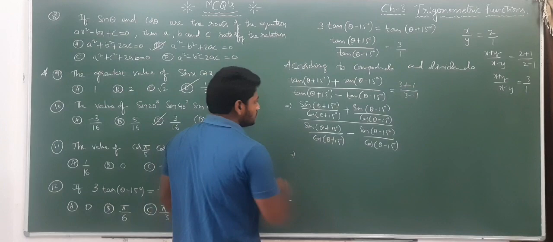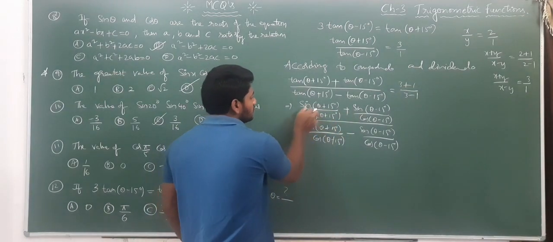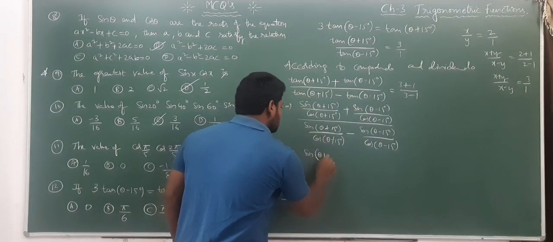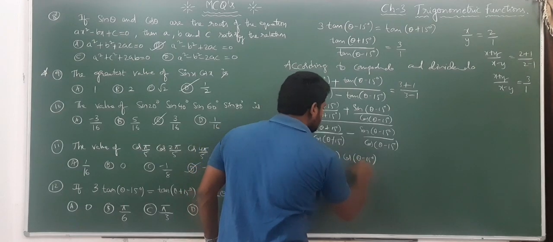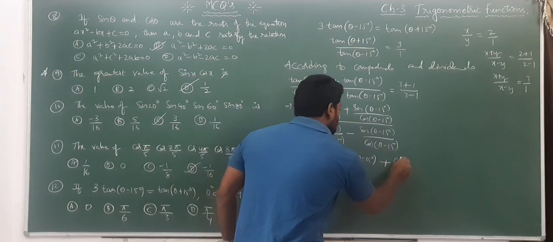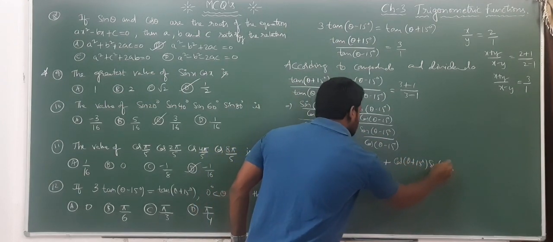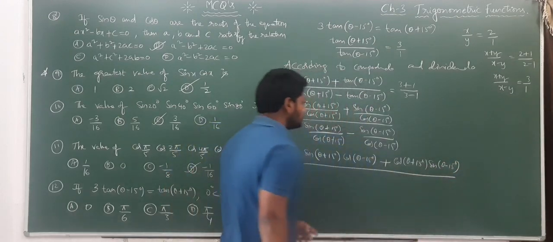Now what you need to do is take the LCM and cross multiply. In the numerator you get sin(theta plus 15) into cos(theta minus 15 degrees) plus cos(theta plus 15) into sin(theta minus 15), divided by the LCM.